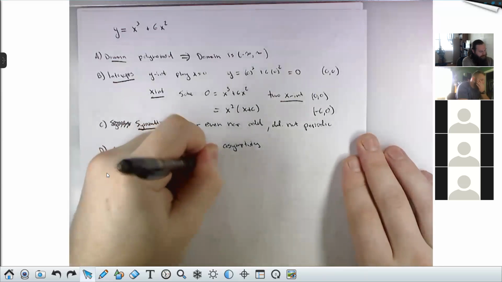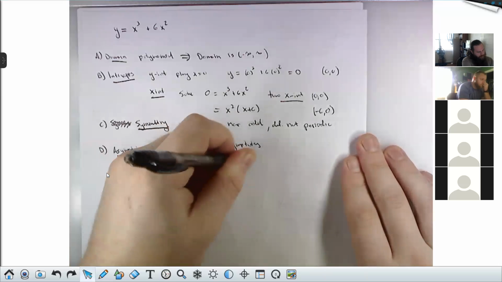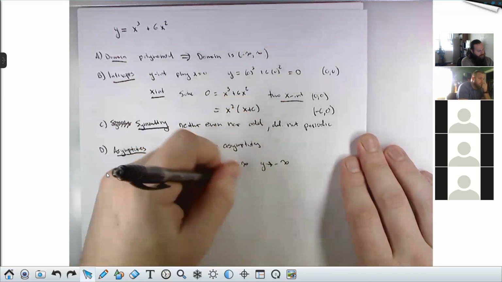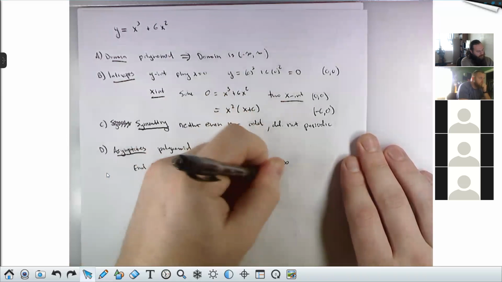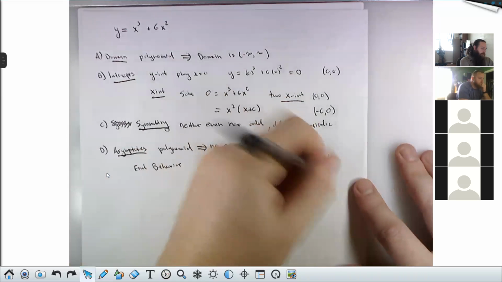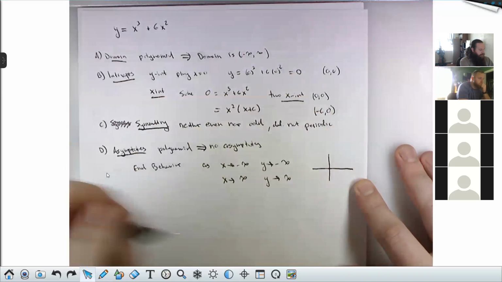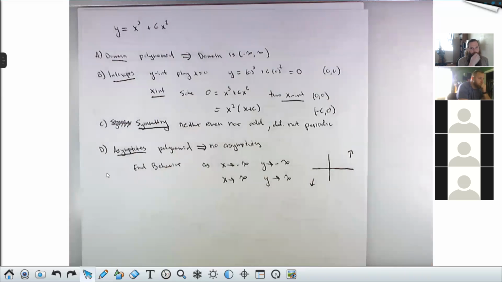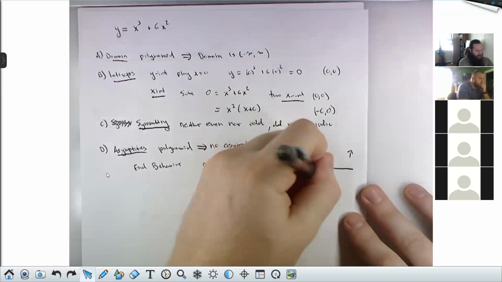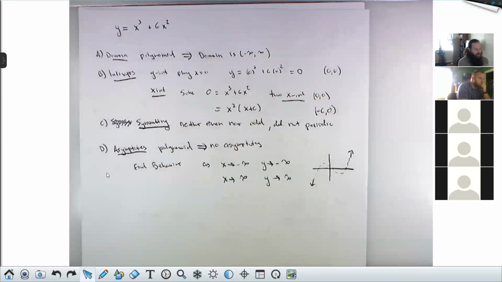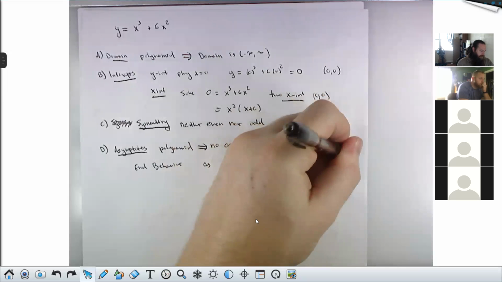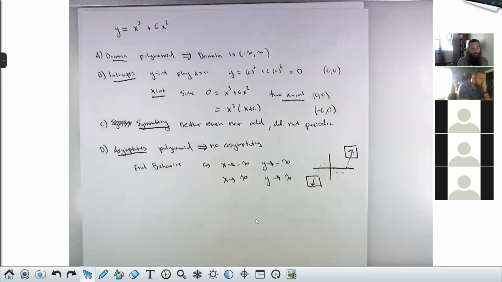So as x goes to negative infinity, y goes to negative infinity, and as x goes to positive infinity, y goes to positive infinity. In other words, I may not have asymptotes, but I know on the far left it goes down and on the far right it goes up. I don't yet know what happens in here, but I know the arrows are like this. So for polynomials, that's the best we can do for asymptotic behavior.